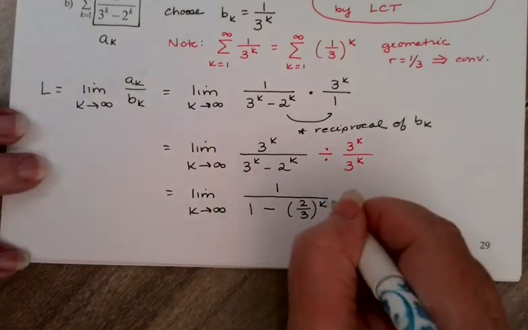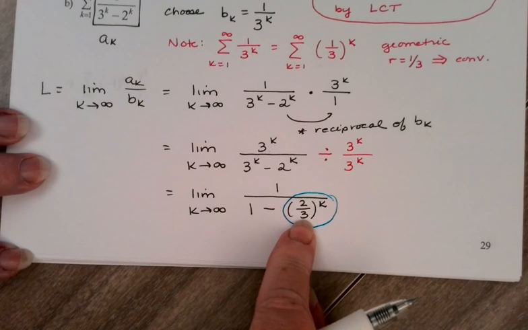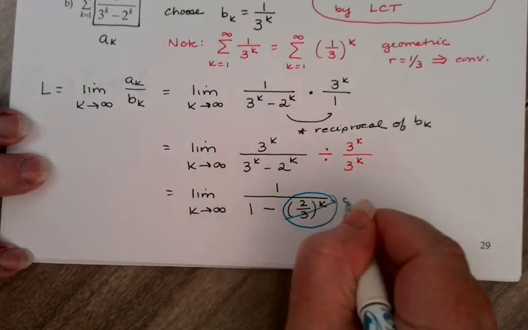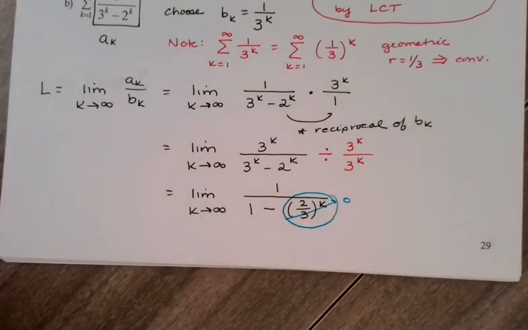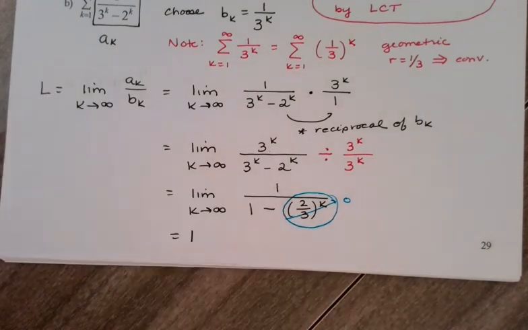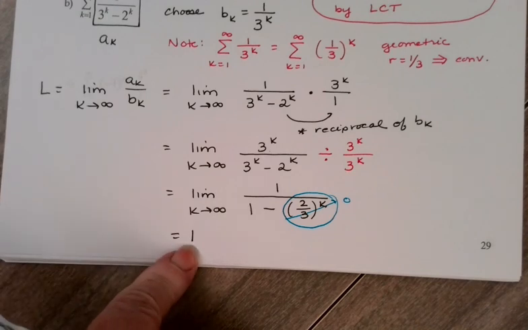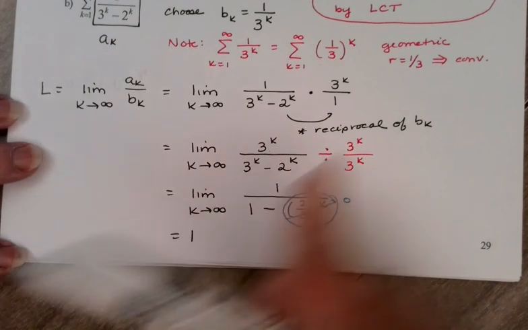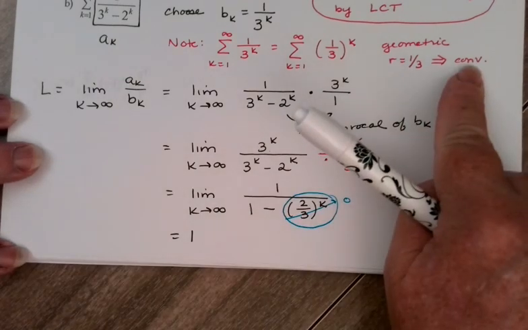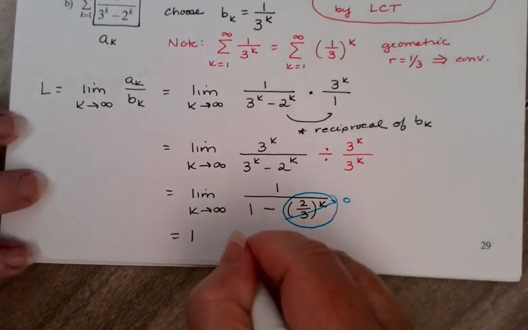This fraction, since it's less than 1, goes to 0 as the power goes to infinity. So I just get 1 over 1 or 1. And once again, with an L of 1, L is definitely between 0 and infinity. And since my comparison series converged, my original series will also converge.